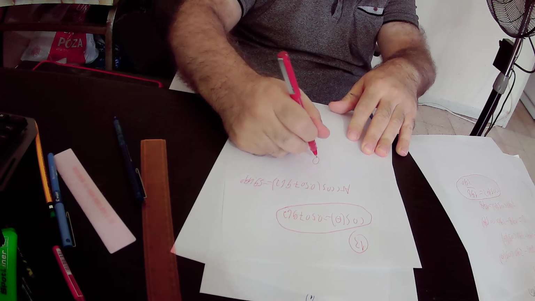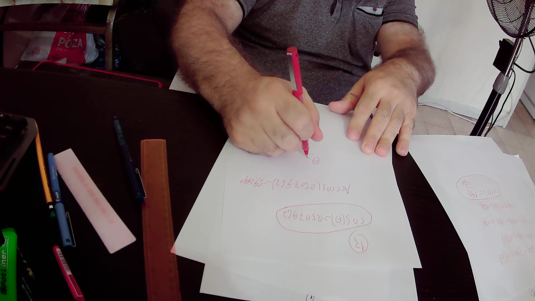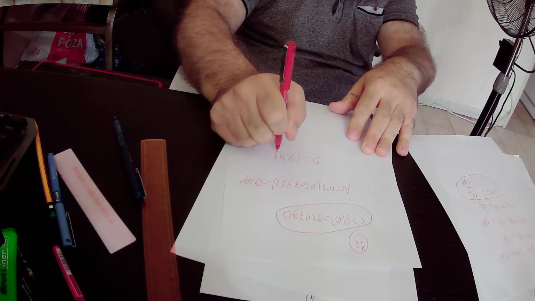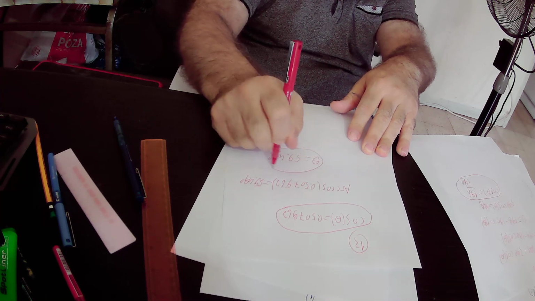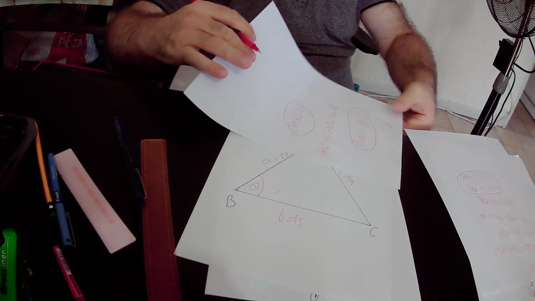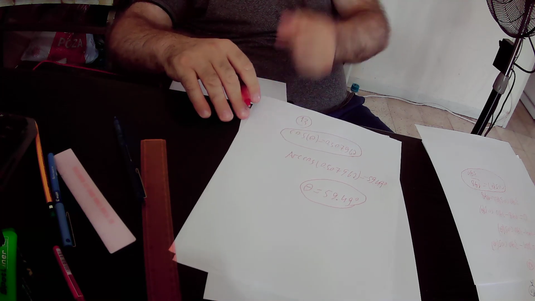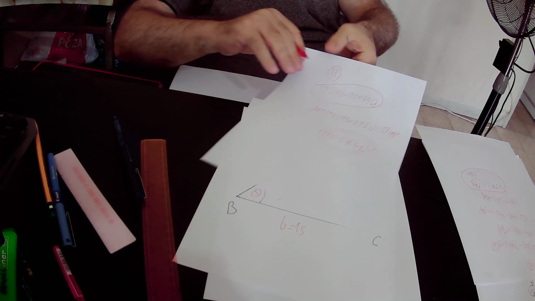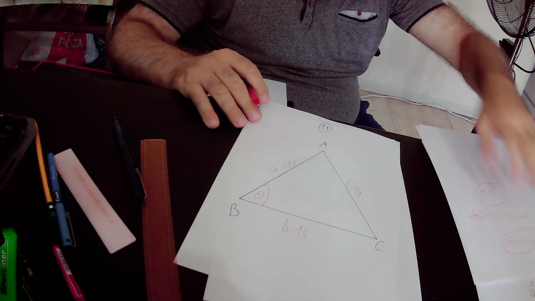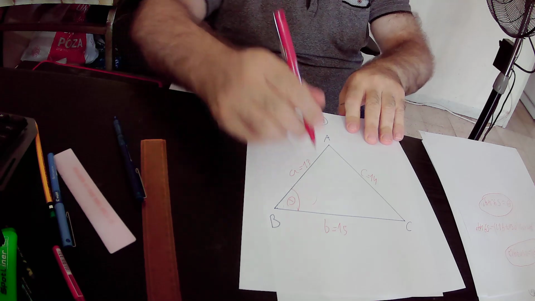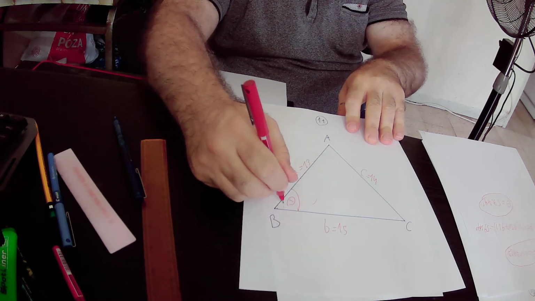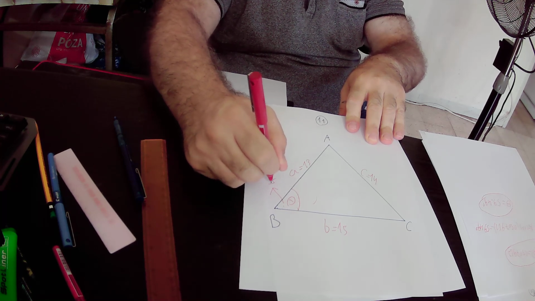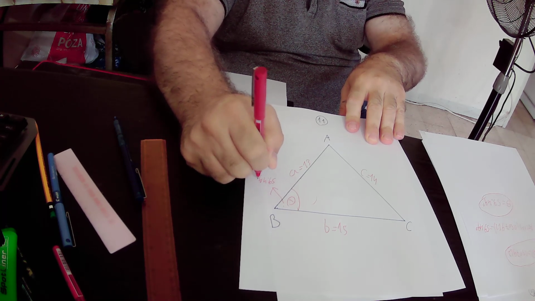So the value of theta equals 59.49 degrees. Okay, so we found the value of theta, and we can write here that theta equals 59.49 degrees.